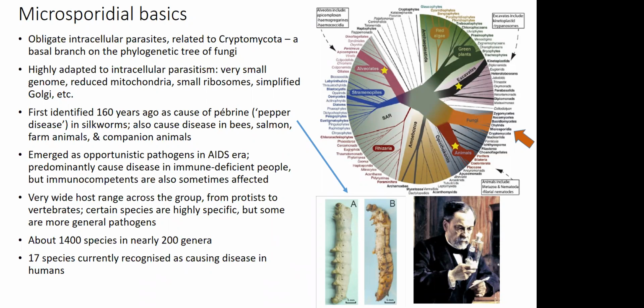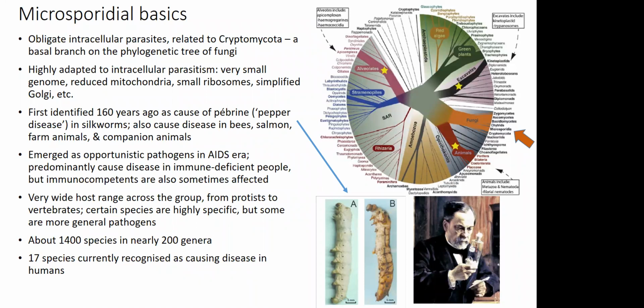Now, these organisms are well known to cause economically important diseases in bees, in farmed salmon, other farmed aquatic animals like shrimp, farm animals, and companion animals. And they emerged as opportunistic pathogens around the middle of the 80s in the AIDS era.